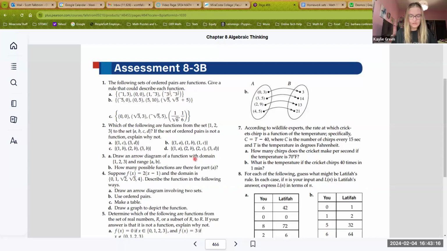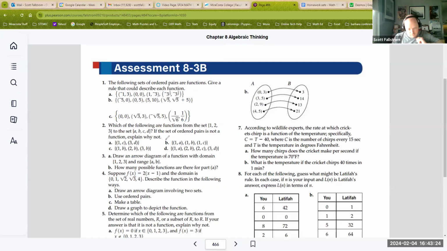Yeah, I think I was getting it, and then when it, which one was it? Probably B. I think for B, I said it's not a function because it can only be paired with one. But I think it was C. Yeah, C because I saw B three times, and that's where I got confused.